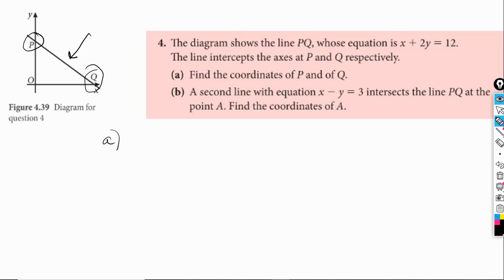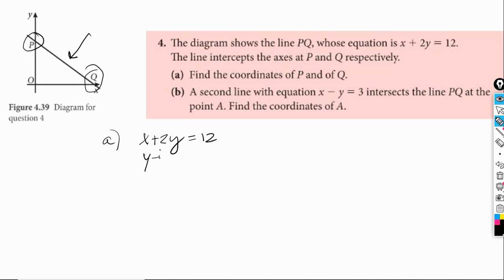All right, so P and Q are really the y and the x intercepts. So if our equation is x plus 2y equals 12, then we can easily find the intercepts by substituting either x or y with 0. Let's find the y-intercept first.